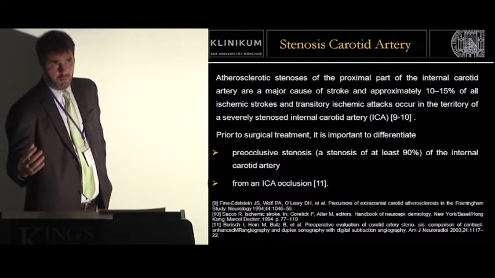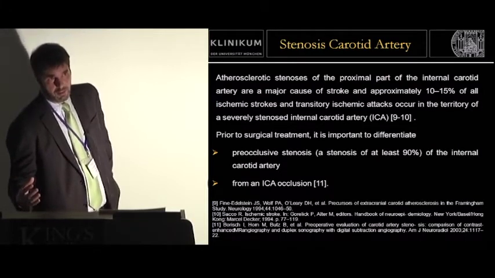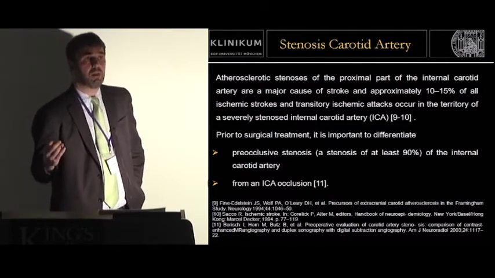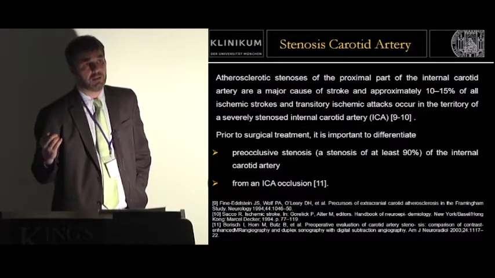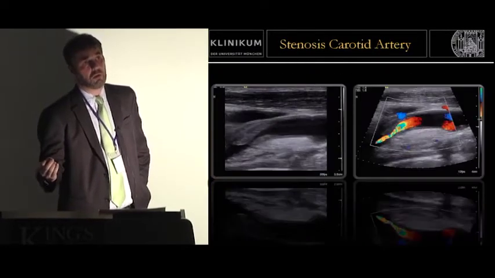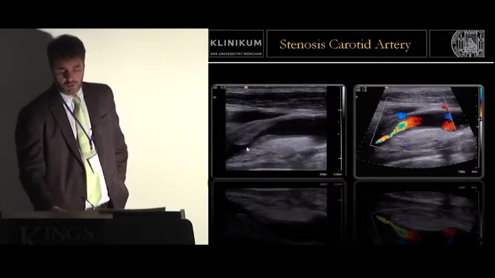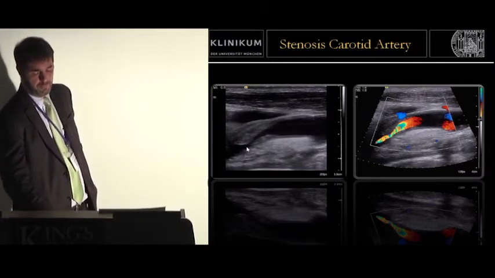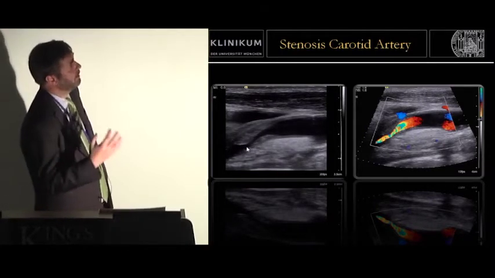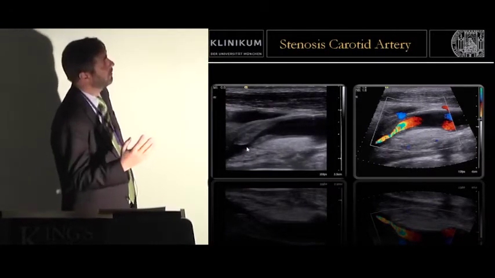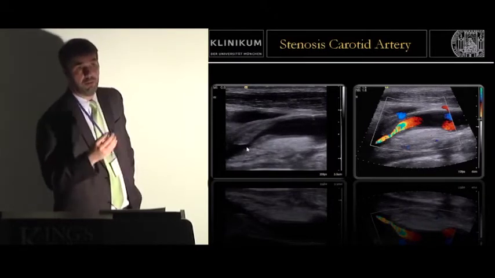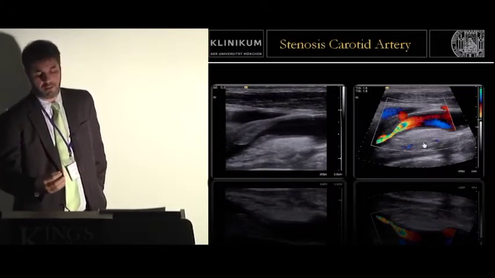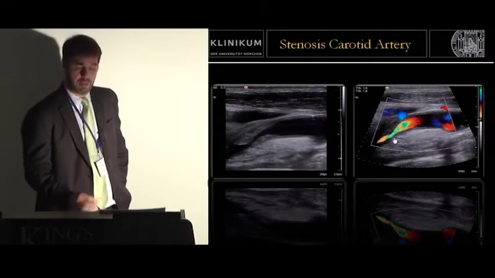So for carotid artery stenosis, it's essential to know: is it really a stenosis? How high is the degree of the stenosis? Or is it maybe a pseudo-occlusion or an occlusion? Everybody sees this high degree of stenosis with a soft plug on the ventral part of the carotid artery and also on the dorsal part.